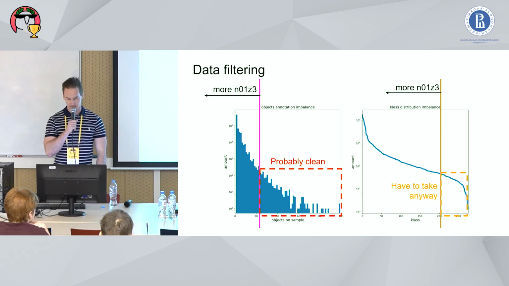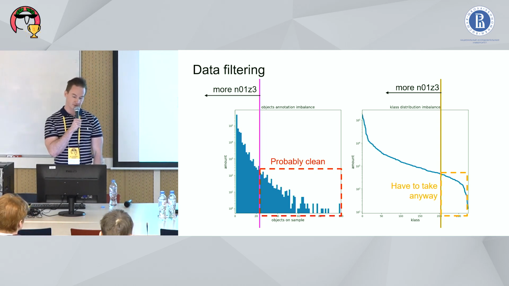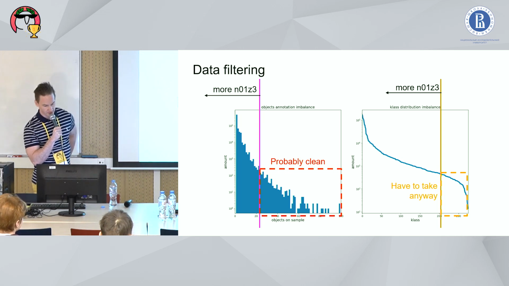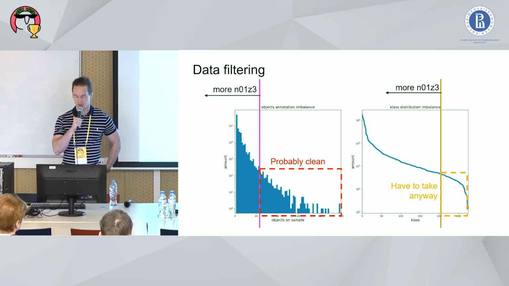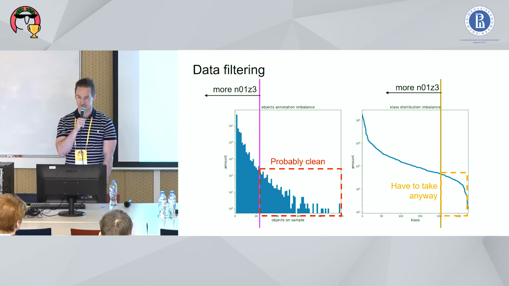The first part is filtering the data, because, as I showed, it has very noisy annotation with some kind of misleading annotation. So I have two assumptions. The first one: if a sample has a lot of bounding boxes, it probably has clean annotation.